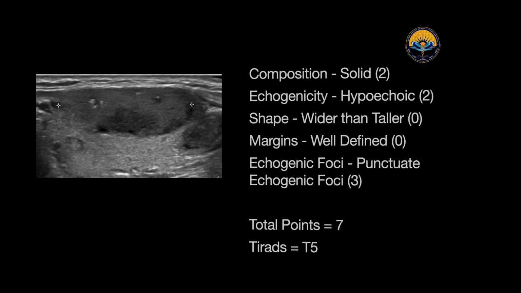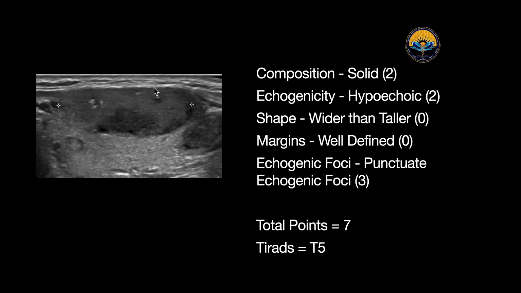And coming to the last example, pause, try for yourself, and then we will practice again. So again we can see this is a solid lesion, it's hypoechoic. So solid, 2 points, hypoechoic again 2 points. Shape, it's obviously wider than taller, so 0.